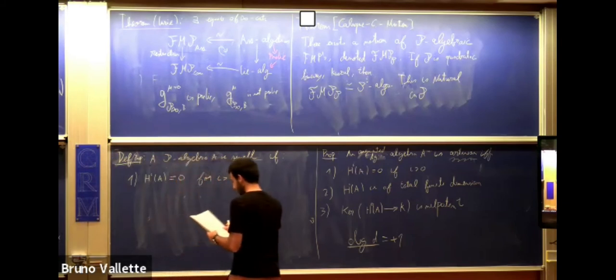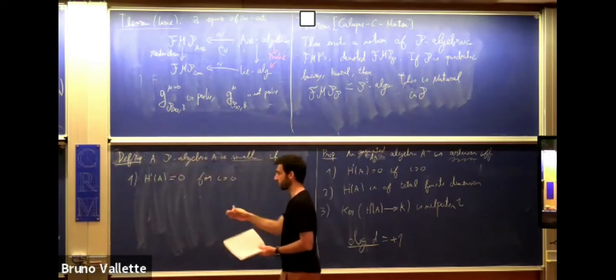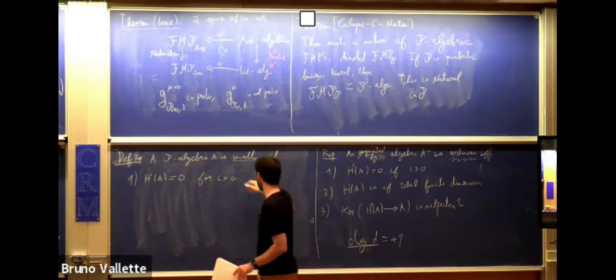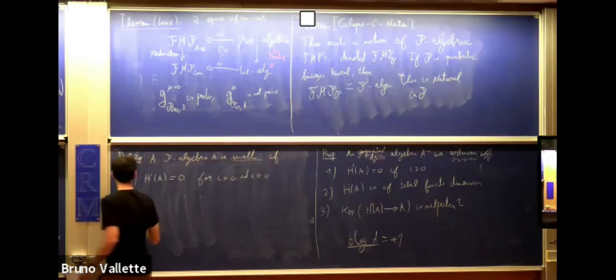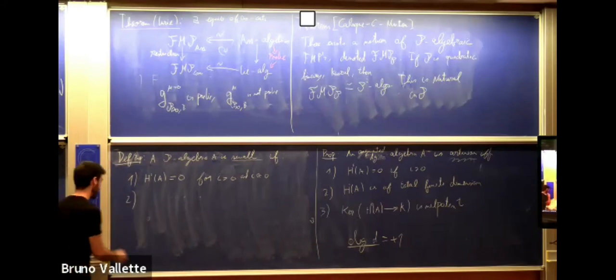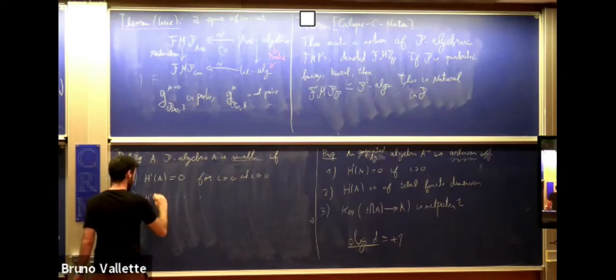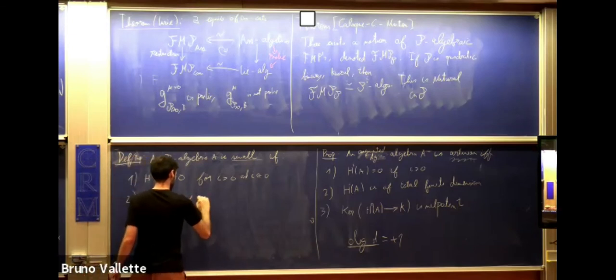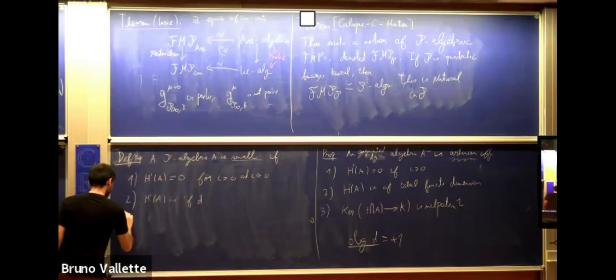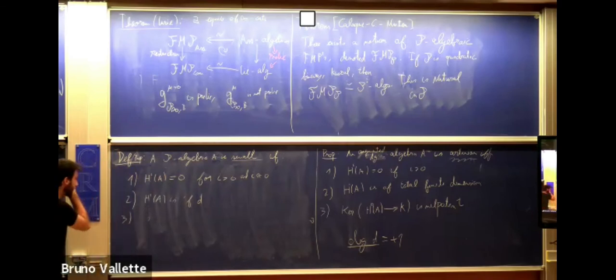The cohomology should be 0 in positive degrees, and it should also vanish for sufficiently small degrees. Two, it is finite dimensional everywhere. And then three.